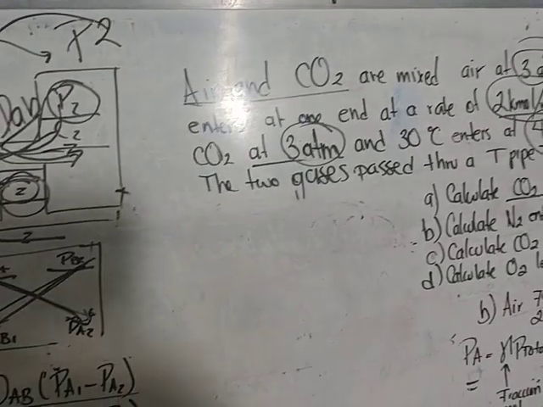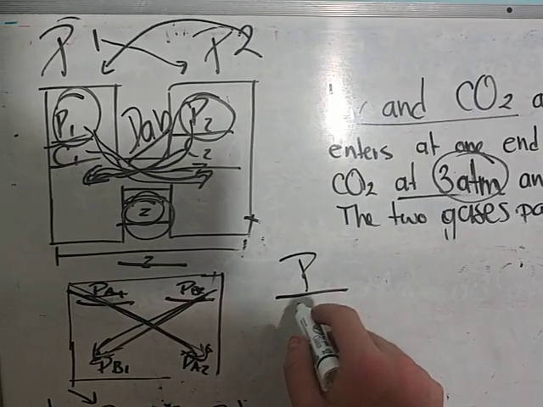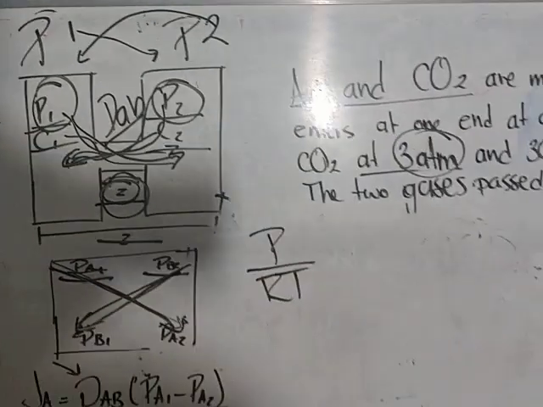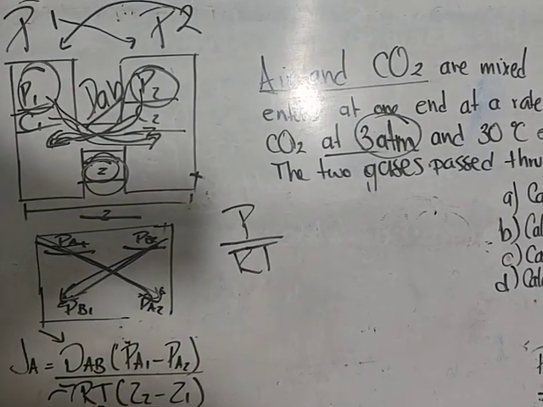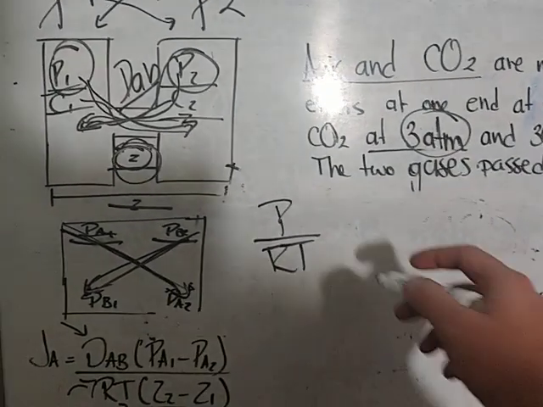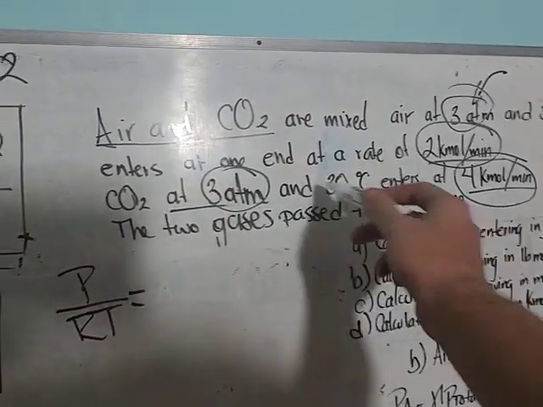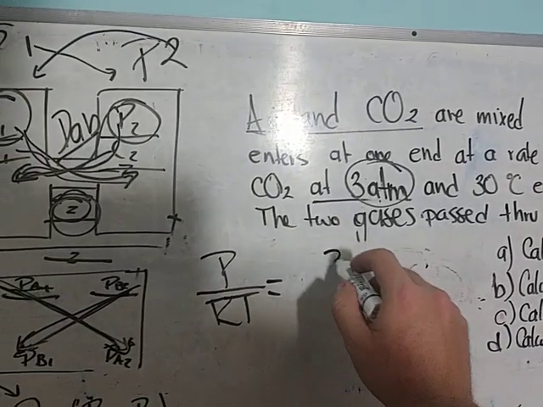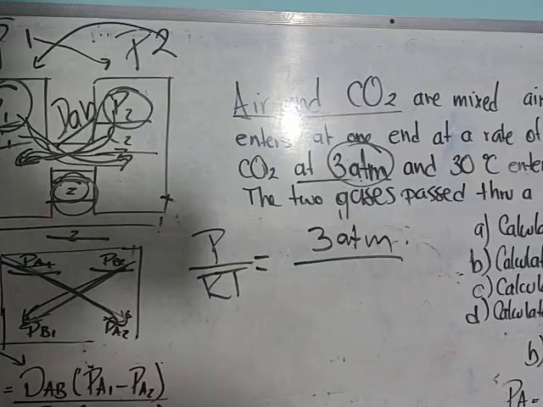Well, at this point we're going to use the equation. The first thing to consider is that we don't have a concentration, so we're going to have a relation of the pressures. So how do I consider this? The carbon dioxide is entering at a 3 atmosphere pressure, right? And then the constant of gases.